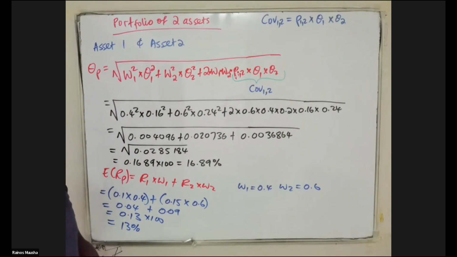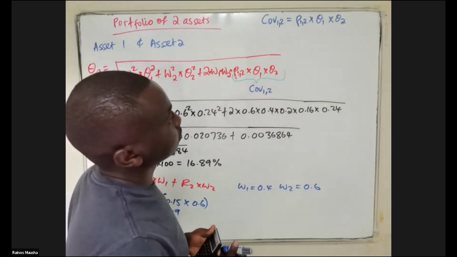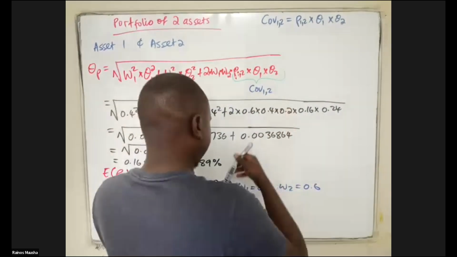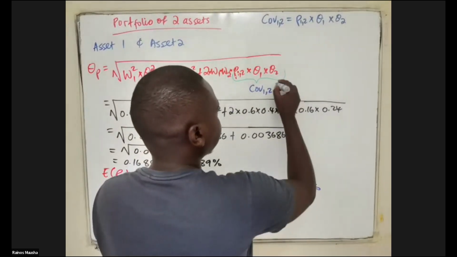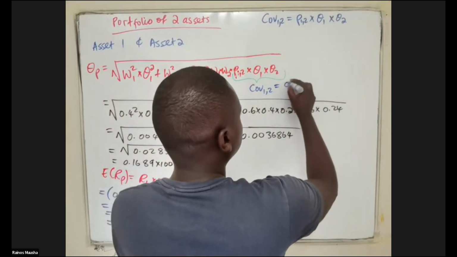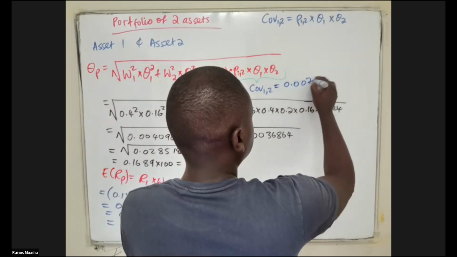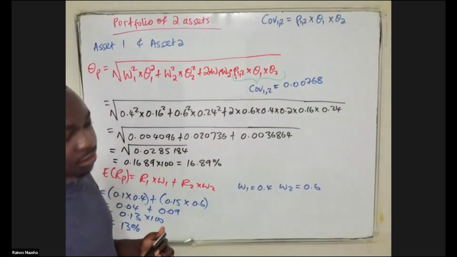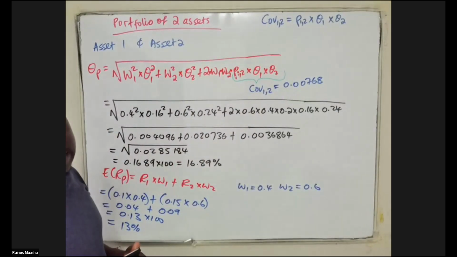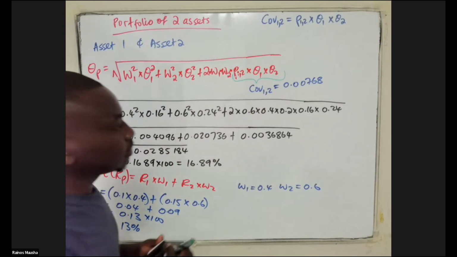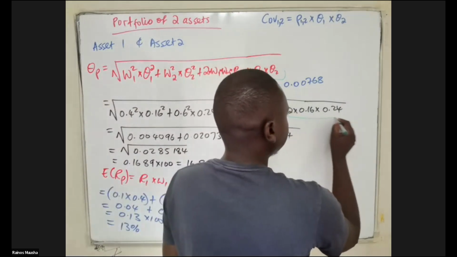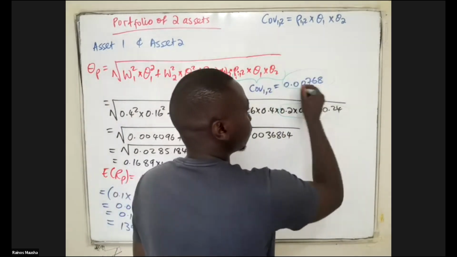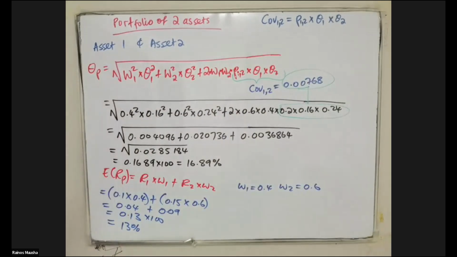For example, if they had said the covariance is equal to 0.00768, it would mean that when it comes to this part of the calculation, instead of calculating this part, you are just going to replace it with 0.00768.